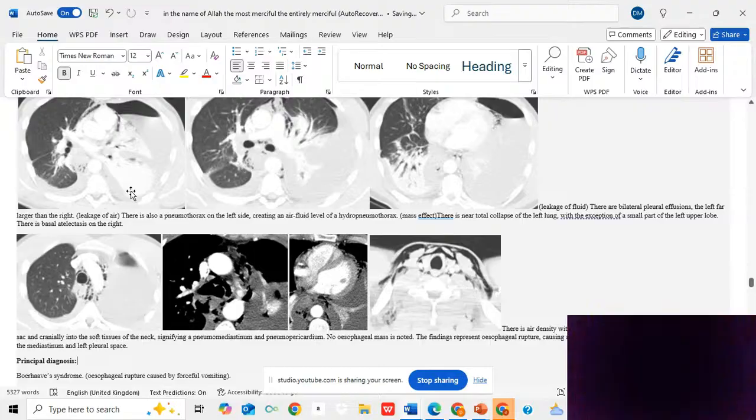This large amount of extraluminal air and fluid causes mass effect on the lungs, with almost total collapse of the left lung, except for a small part of the left upper lobe. And also there is basal atelectasis on the right side, indicating collapsed lung here.